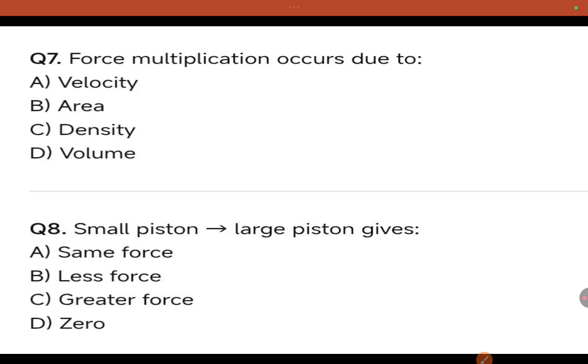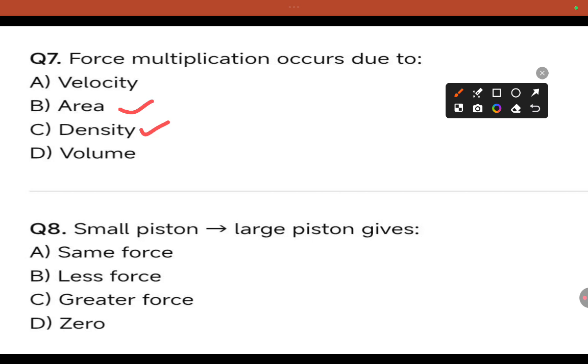Which one, tell me? So the answer is, force multiplication occurs due to any one of them: density is playing a role, area is playing a role, and velocity, but volume is not considered, because this is the condition for fluid dynamics.